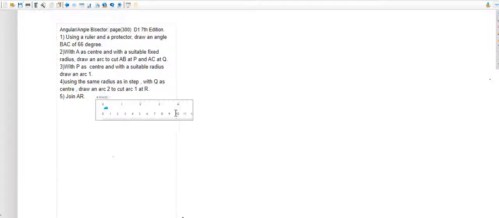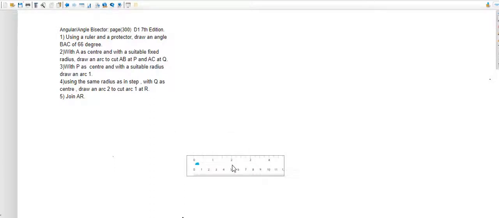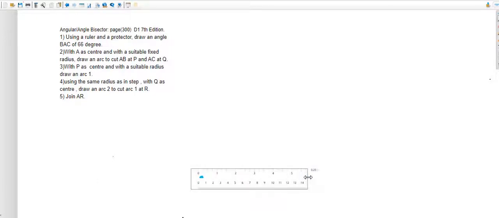We take this ruler, bring it right here. Now this one is quite small, we need to extend it a little bit so that we can have a good piece of diagram with us. Now this is fine. We need a pen through which we will be making a line. So we just draw a random line.